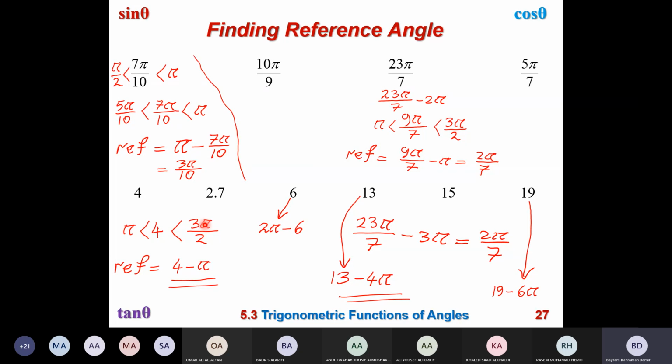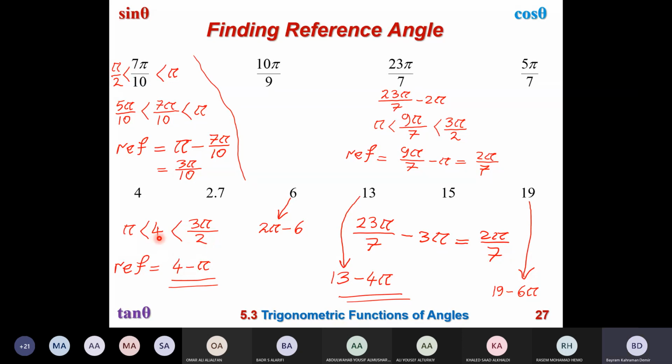So when you divide 9 point something by 2, it is going to be definitely greater than 4. Yes. So 4 is between pi and 3 pi over 2.